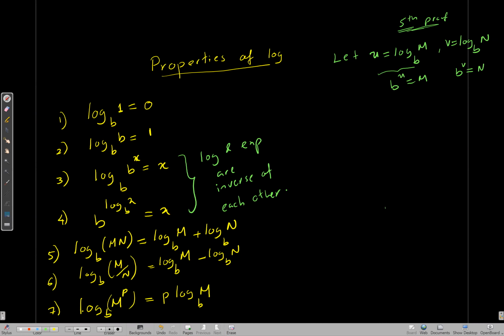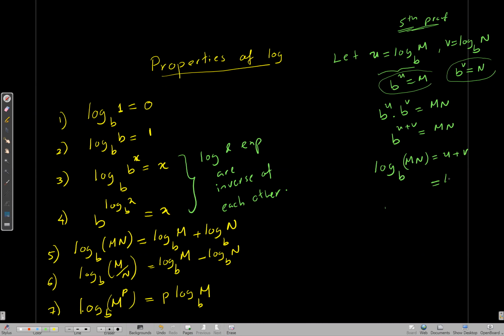Now if I take these two and multiply, on the left hand side I have b to the u times b to the v, and mn on the right. So I simply multiplied these two equations as it appears. So I have b to the u plus v equals mn, right? Now if I convert this back into log, what I'm getting is log base b of mn equals u plus v, right? But u is log base b of m plus log base b of n.